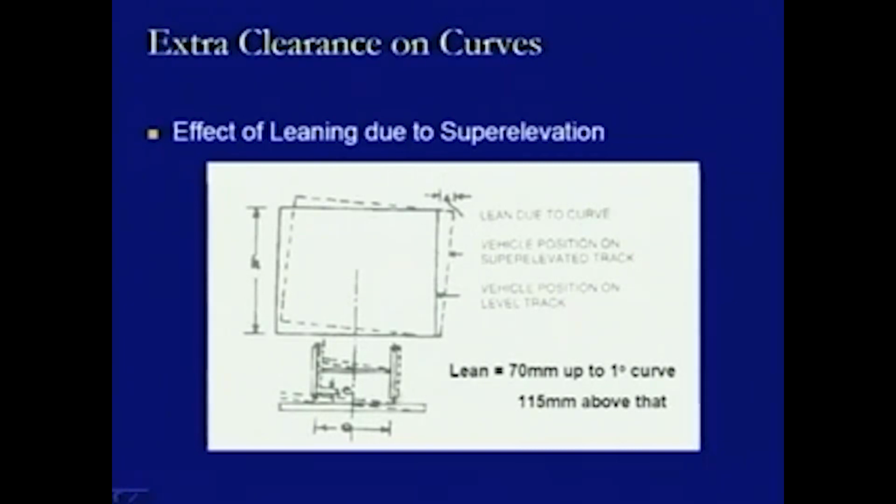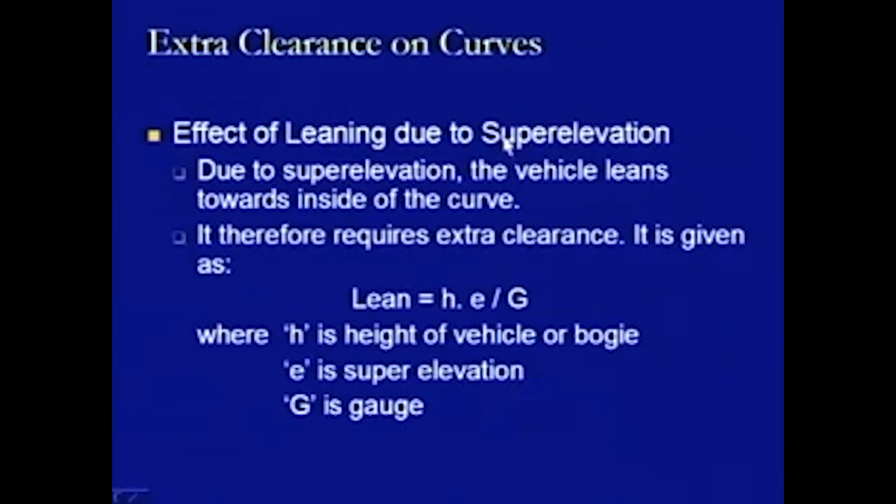We have to compute this value of lean due to curve, and this is computed with the help of the value of this angle, which is to be computed using E and G, as we have seen that tan theta is nothing but E divided by G. If we use the same value of tan theta here, then it is this lean divided by the height of the bogie. It means lean divided by height of the bogie is E divided by G, as we can see in the previous formula.